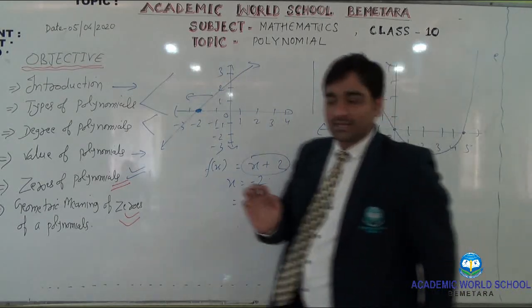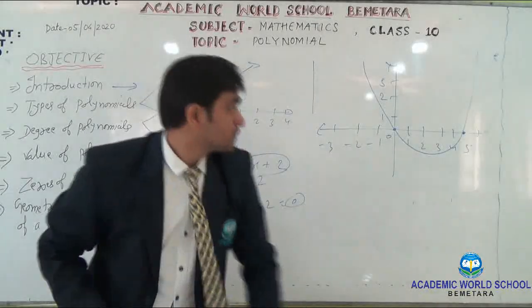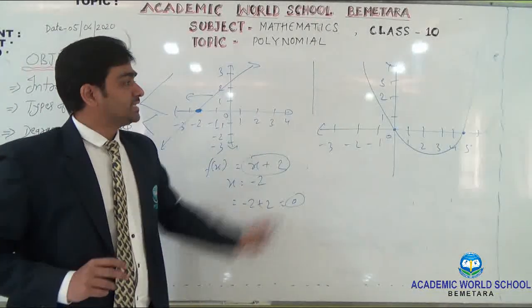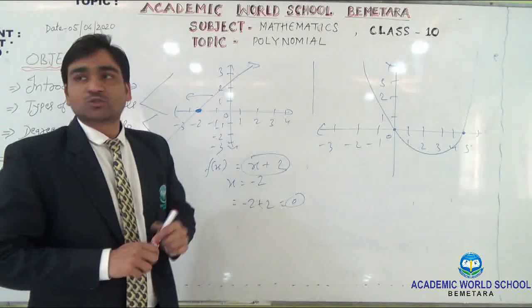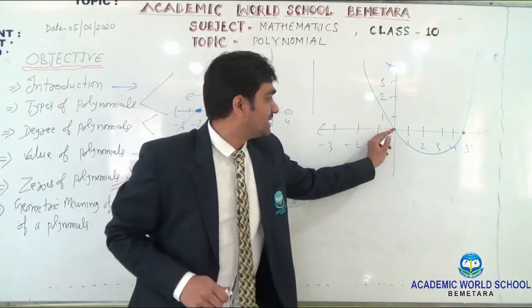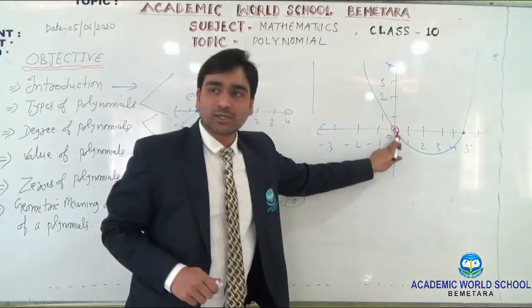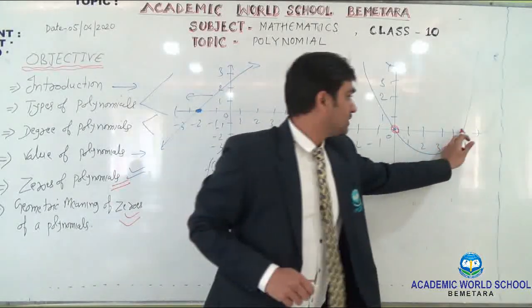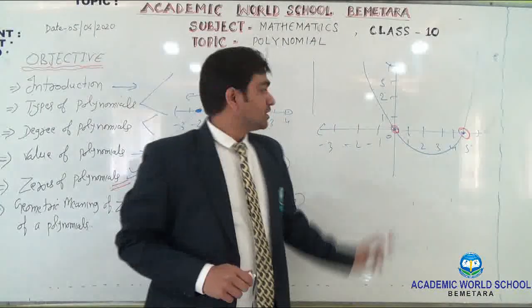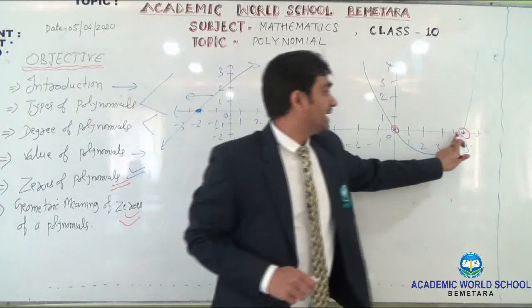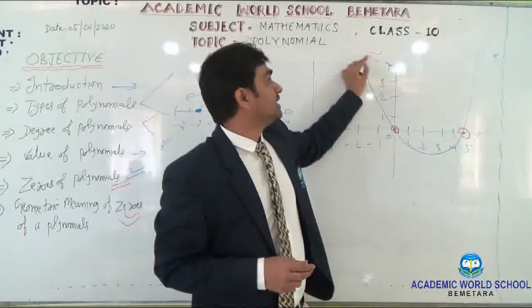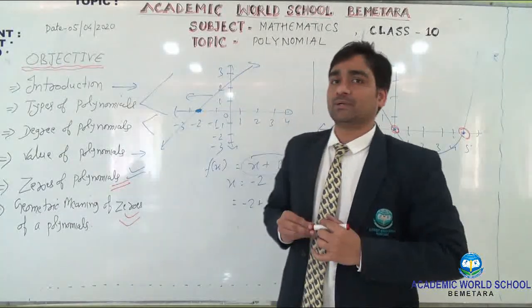So what will be the zeros in this graph? This curve intersects the x-axis at exactly 0, and it also intersects at 5. So x equals 0 and x equals 5 will be the zeros of this polynomial.